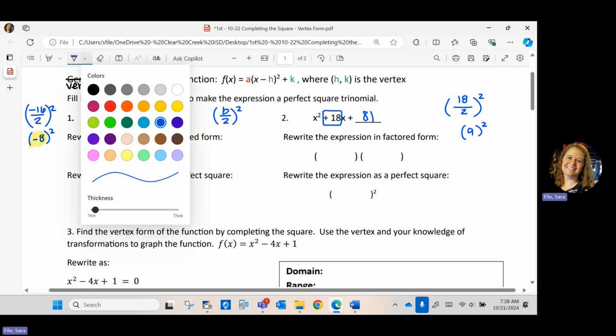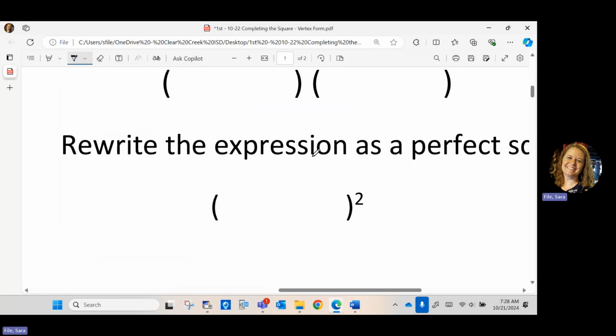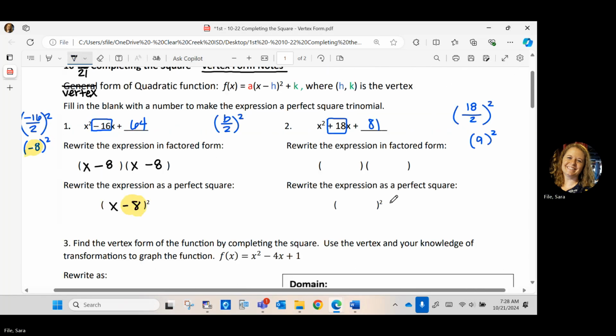So that means it would factor to what? What are the factors of 81 that would add to 18? 9 and 9. Positive 9, positive 9. Okay, that's what that b value was over here. Okay, so we can rewrite that just as (x plus 9) squared.